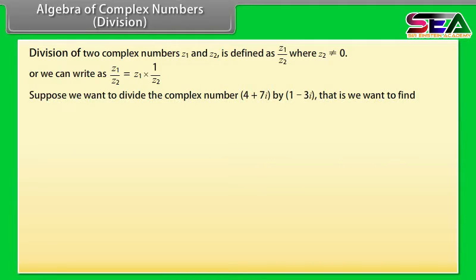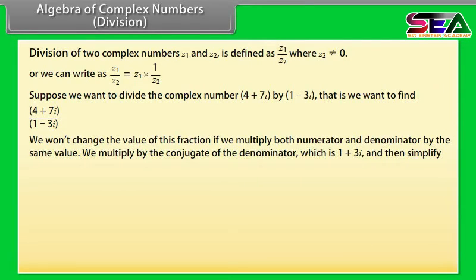Suppose we want to divide the complex number 4 plus 7 iota by 1 minus 3 iota. That is, we need to find. We won't change the value of this fraction if we multiply both numerator and denominator by the same value. We multiply by the conjugate of the denominator, which is 1 plus 3 iota, and then simplify.